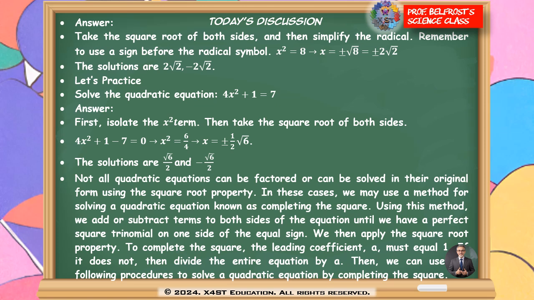It's also okay, no matter. But I think this form is better, because you can directly take the square root of 4. The square root of 4 is 2, I mean. So x equals plus or minus half times square root of 6. So the solutions are square root of 6 by 2 and minus square root of 6 by 2.